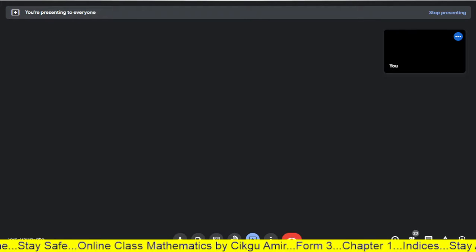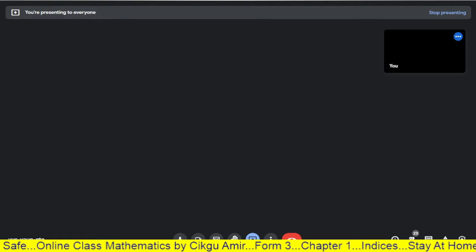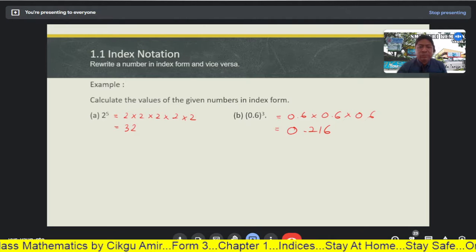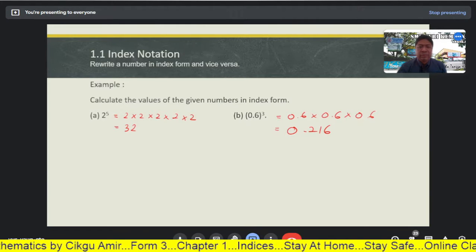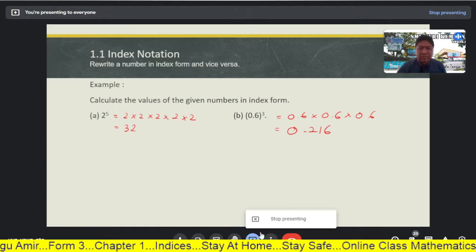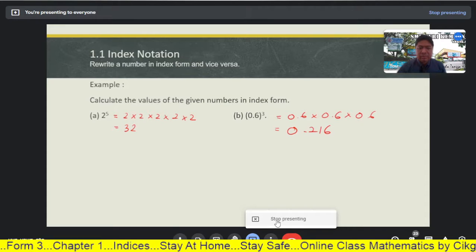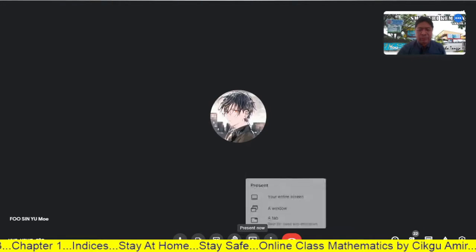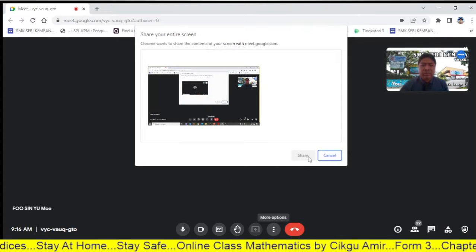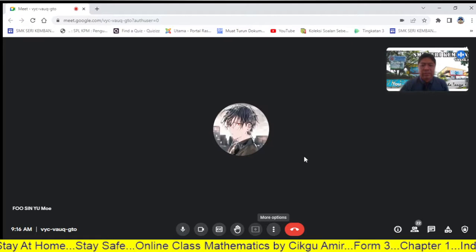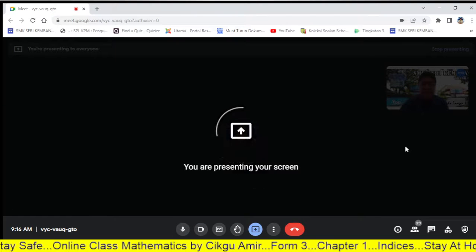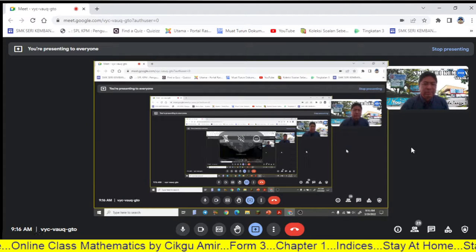How to count with a calculator? Wait, I share with you how to use a calculator. Share your entire screen.